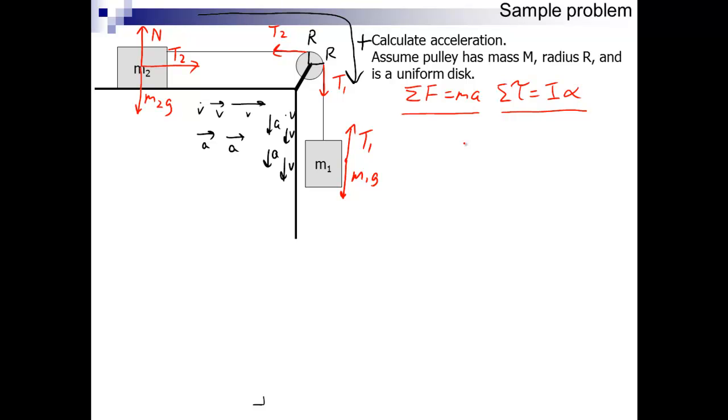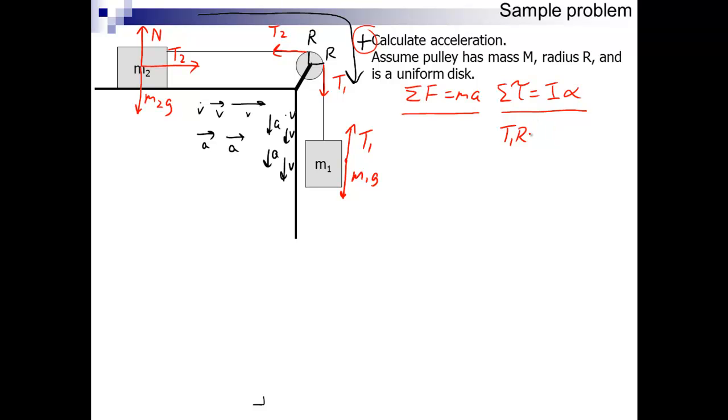So, for the pulley, we're going to say that the sum of the torques equals I alpha. We've got two torques. We've got a torque due to T1 and a torque due to T2. The torque due to T1 would be T1 times its lever arm, which will be R. And that's in what we're going to call the clockwise direction. And normally clockwise is negative, but because this direction is now positive, we will call it positive in this case.